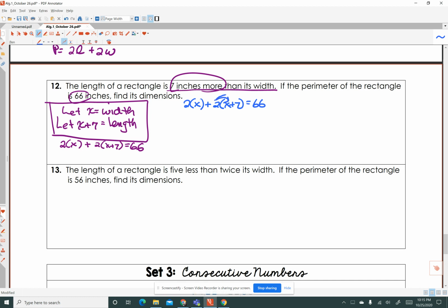We will distribute first. 2x plus 2x plus 14 equals 66. We can combine the 2x plus 2x is 4x. And we'll subtract 14 from each side.